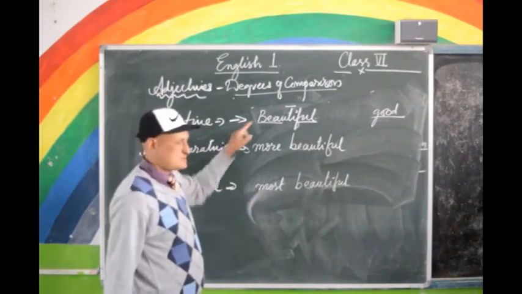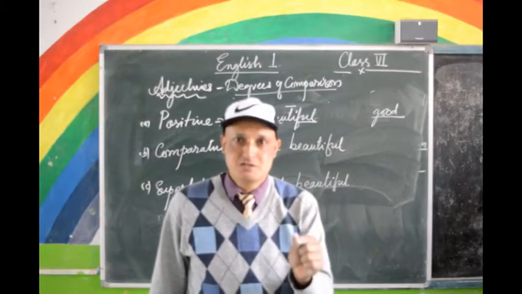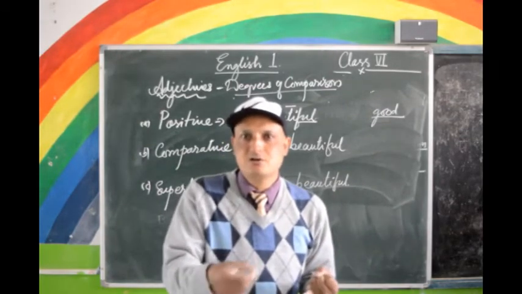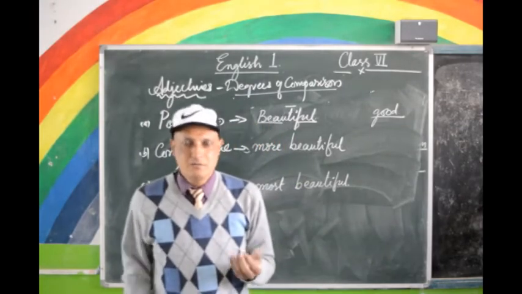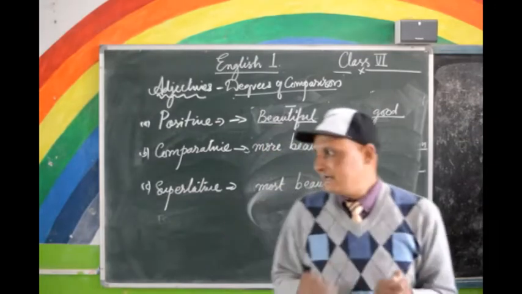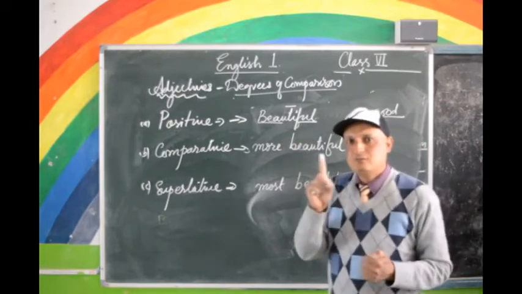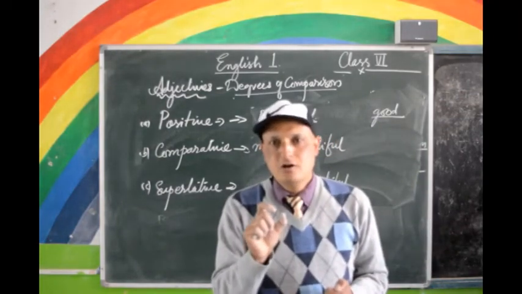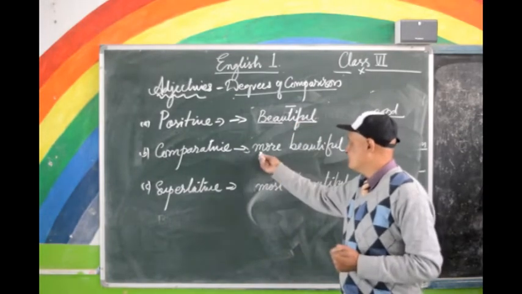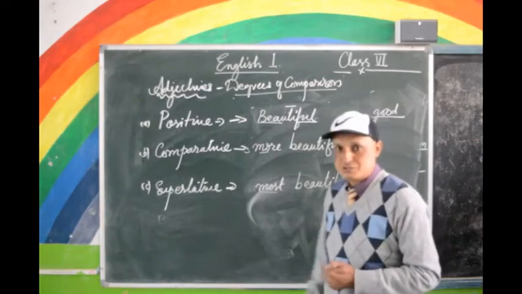This picture is beautiful. It is in the positive degree. When we write a sentence or speak in the comparative degree, we have to keep in mind the use of that. Added to that, there are certain words like beautiful, which has more than one syllable. For adjectives like this, we make use of more. And in the superlative degree, we have the most.